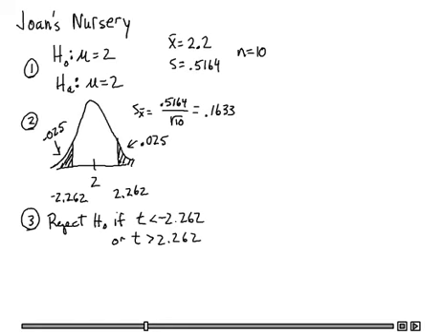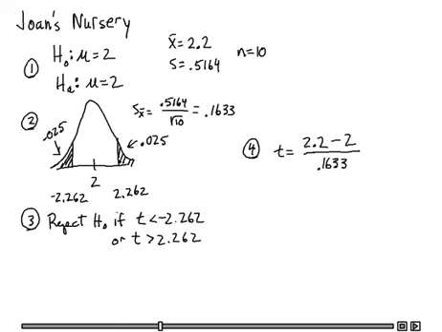Okay, step 4. To calculate that test statistic, I'm going to take my sample average, 2.2, subtract my average that's been claimed, and then divide by the standard deviation of the sampling distribution, or standard error of 0.1633.